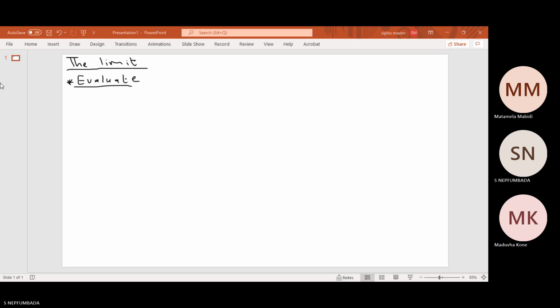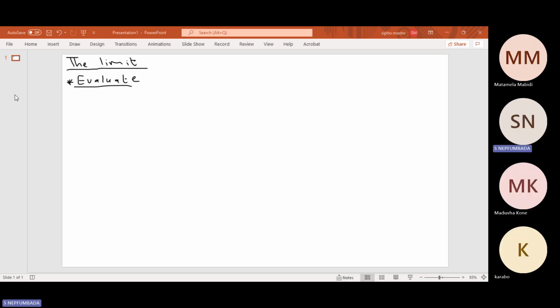Okay. Let's say the question says evaluate, or you are given, let's say the limit of x approaching 3. Didn't we do examples?